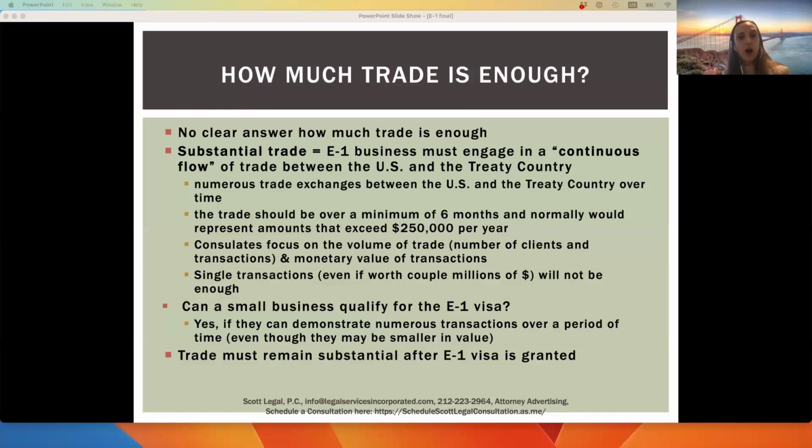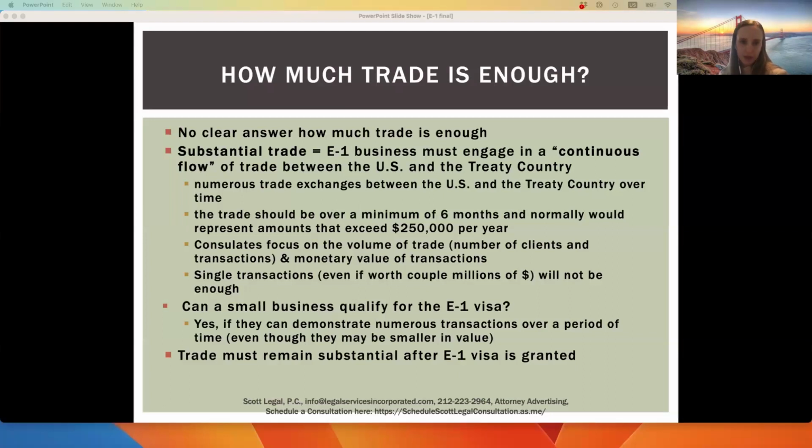Then they will look at how many clients you have now and have had in the last couple of years. They will look at how many invoices you issued to each client this year and in the last couple of years. And then they will look at all these things and make the decision: is this trade substantial?